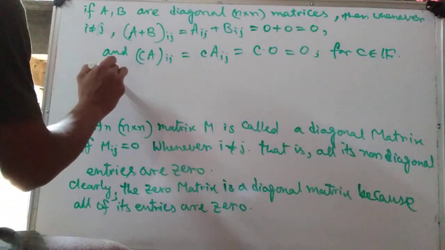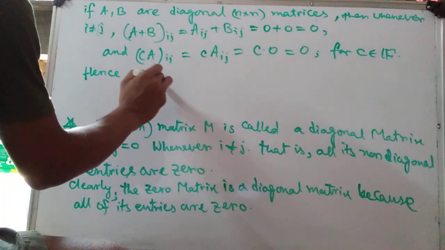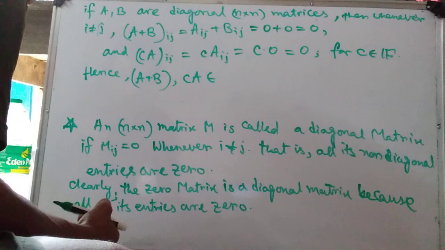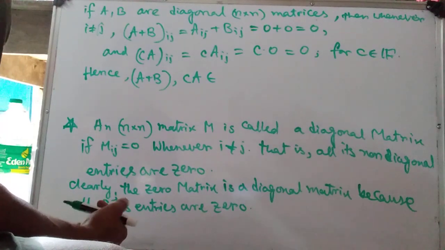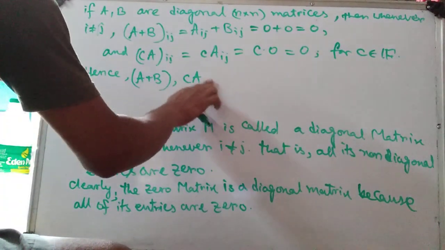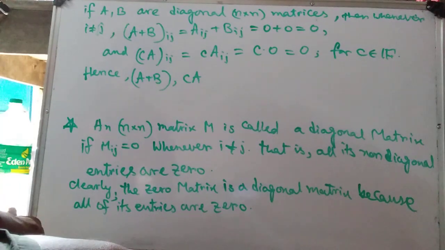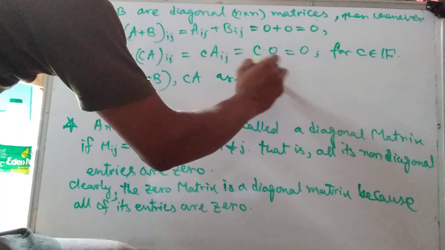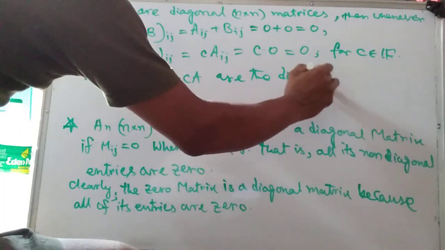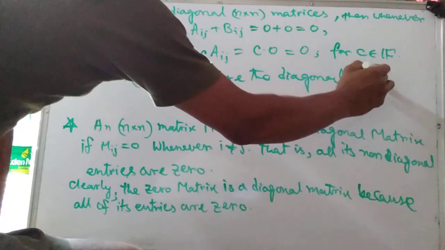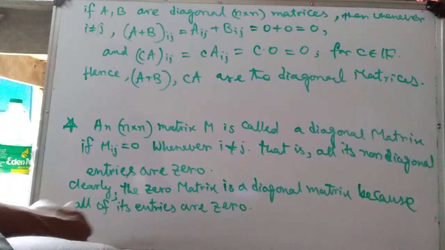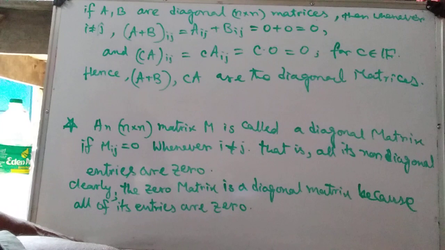Hence a plus b and ca belong to the set of diagonal matrices for any scalar c. Then we come to the conclusion of this result.